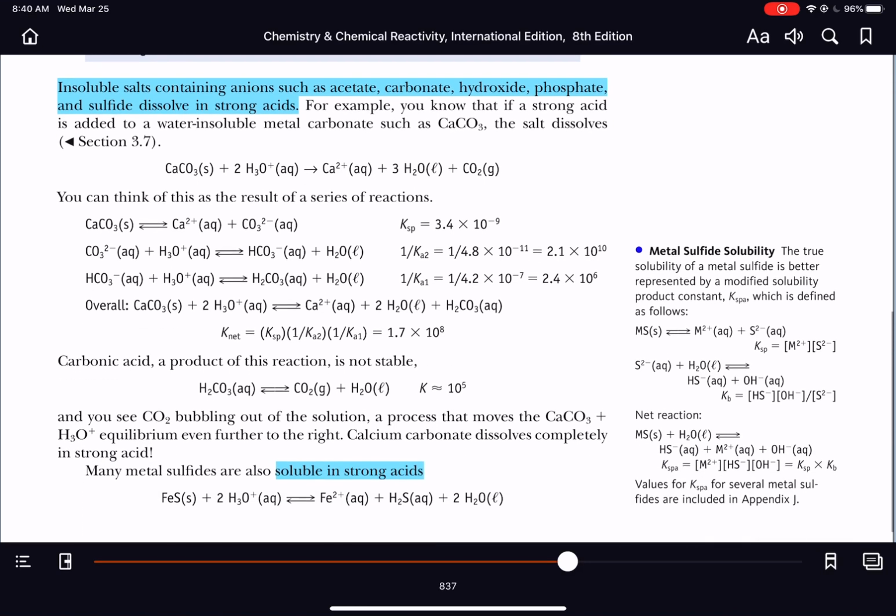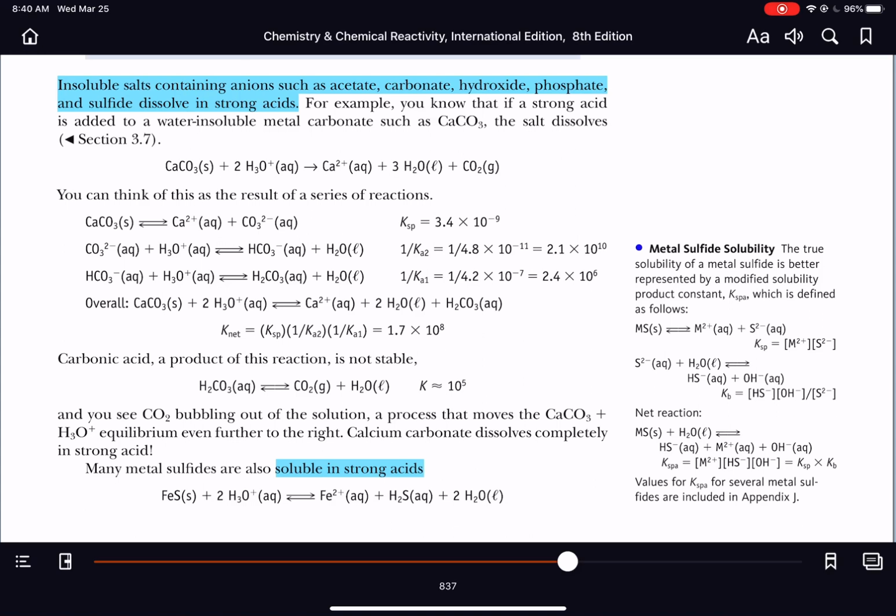Now, the discussion in the bottom part of this page in first-year chemistry was simply calcium carbonate, when it reacts with acid, will produce a salt and carbonic acid, and carbonic acid will dissociate further into water and carbon dioxide.